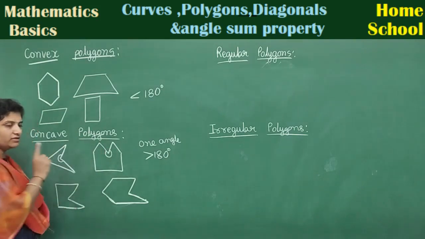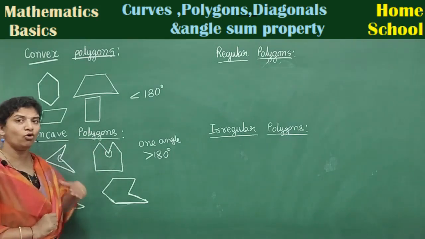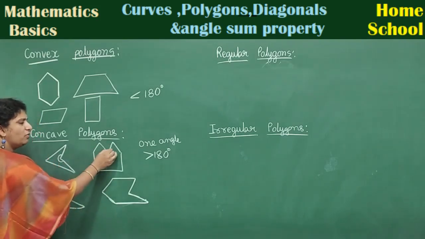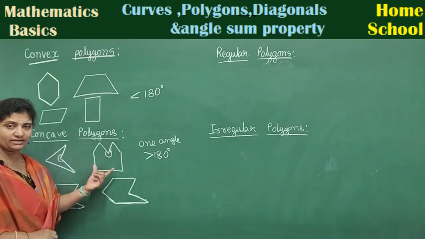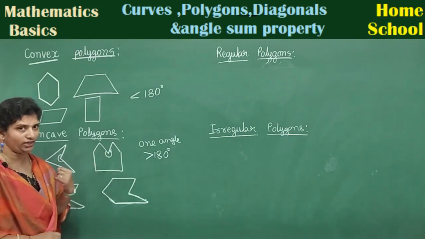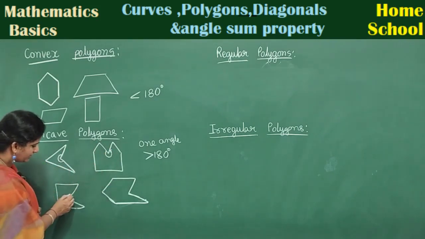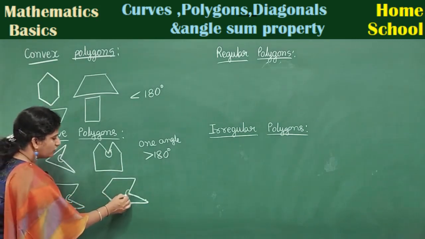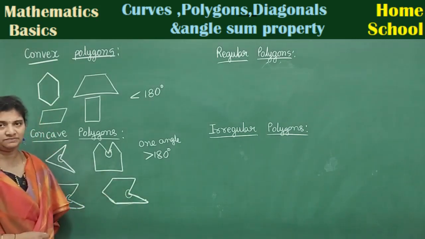In these figures, any one angle is more than 180 degrees. This angle is more than 180 degrees, then it is a concave polygon. And here you can say this angle is more than 180, and here it is more than 180 degrees.